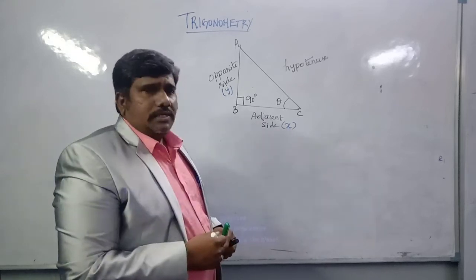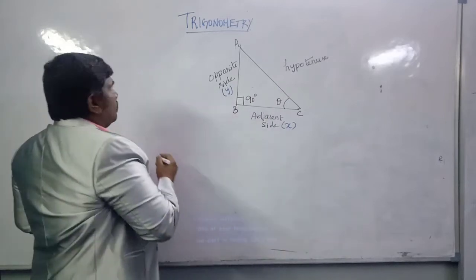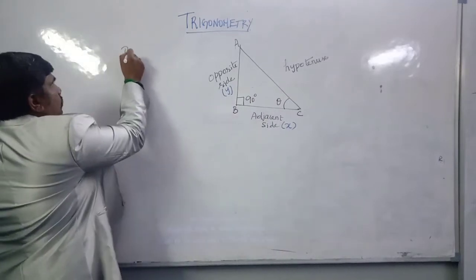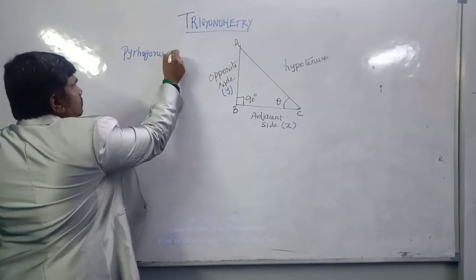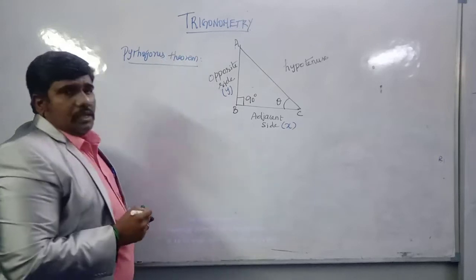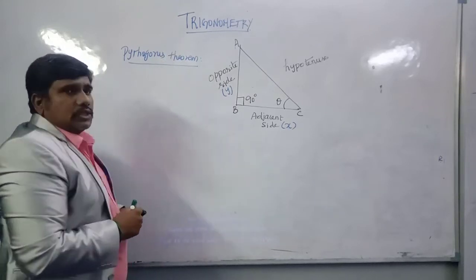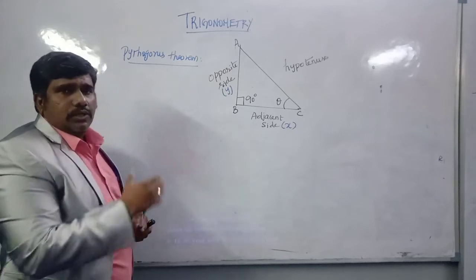Now, what is the relationship between these 3 sides? We get it from the Pythagoras theorem. What does Pythagoras say? The sum of the squares of the 2 sides is equal to the square of the hypotenuse.